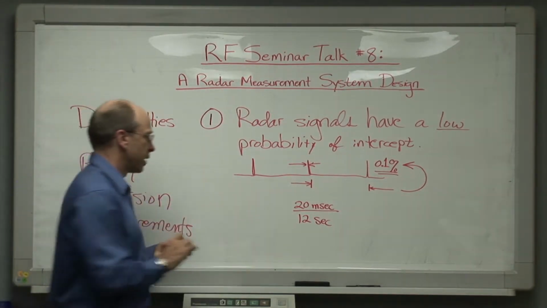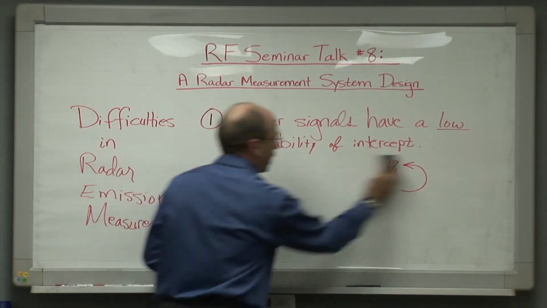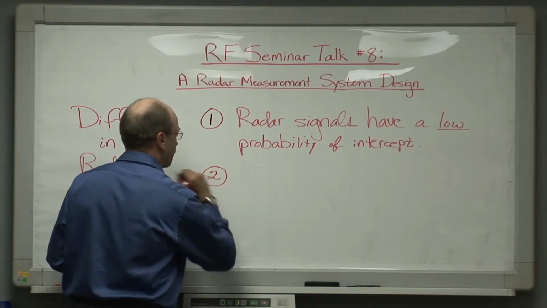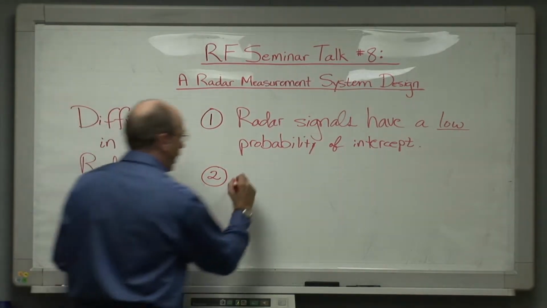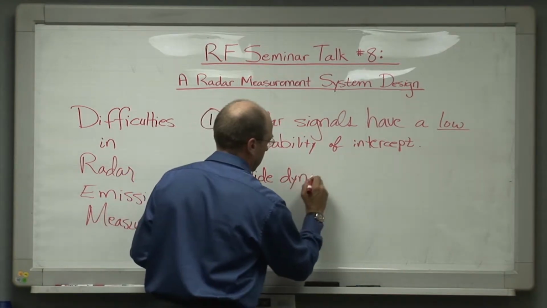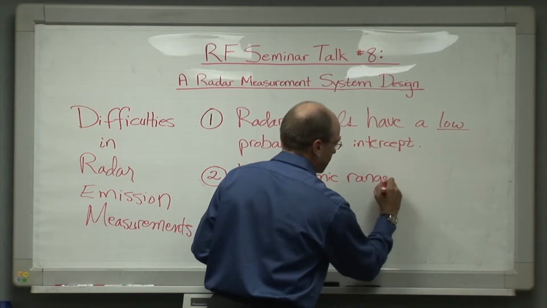So, low probability of intercept for the radar signals, and coupled with that are the next 2 problems, which are that we're looking for a wide dynamic range in the measurement. Wide dynamic range is needed.